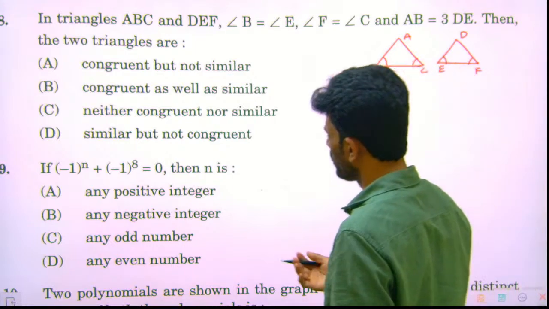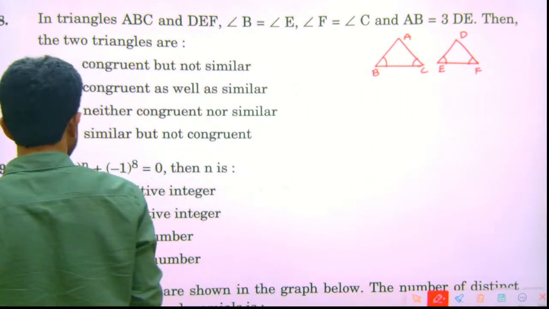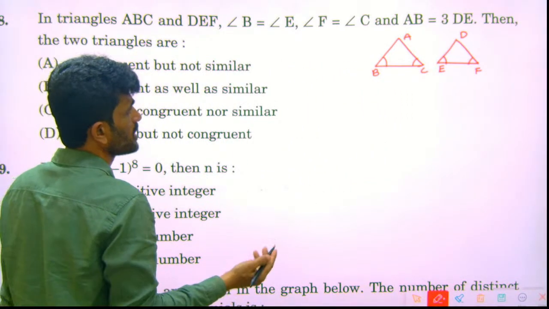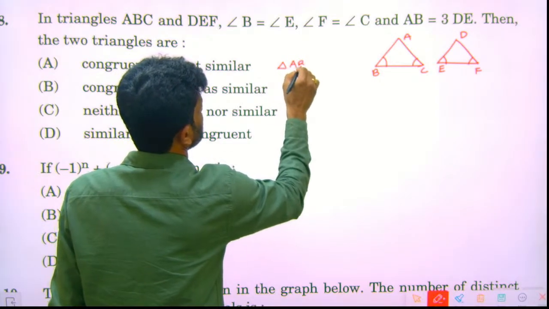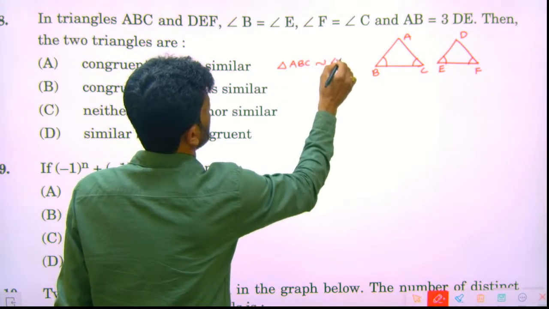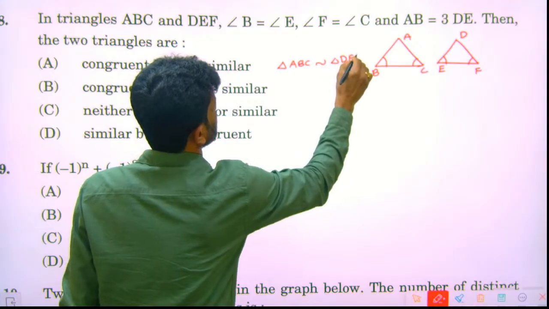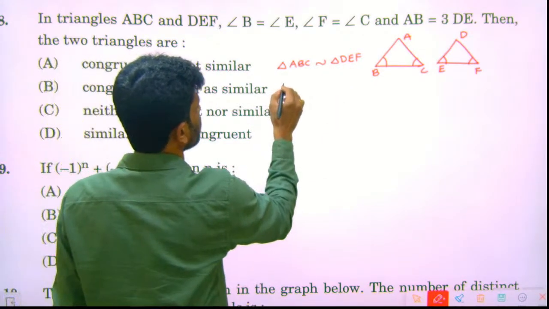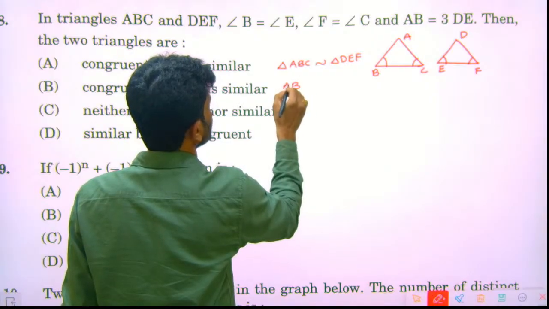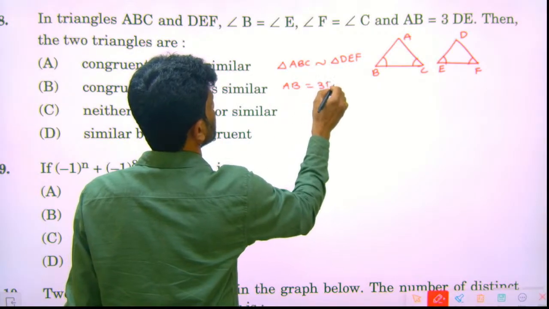If we know two angles are equal in two triangles, we can say the two triangles are similar. So we can say that triangle ABC is similar to triangle DEF. Yes, they are similar. But to decide they are congruent, it is not enough to know AB is equal to 3DE.